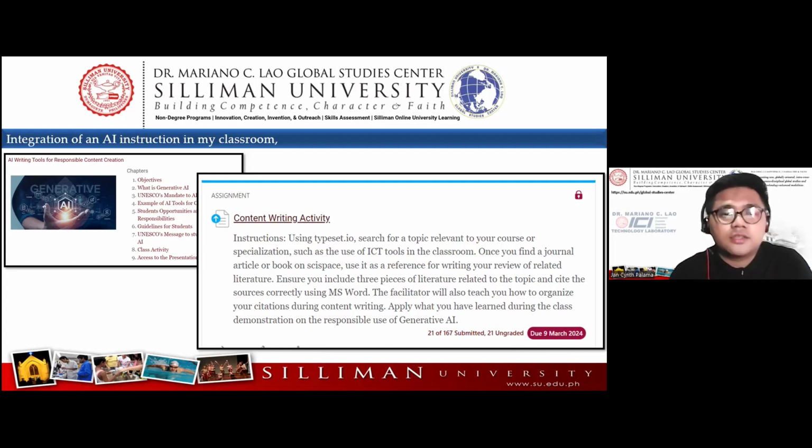Okay, so as you can see at the third to the last sentence, ensure you include three pieces of literature related to the topic and cite, take note, I stated there, cite the sources correctly. Meaning to say, they are obliged, they are encouraged to do citation.